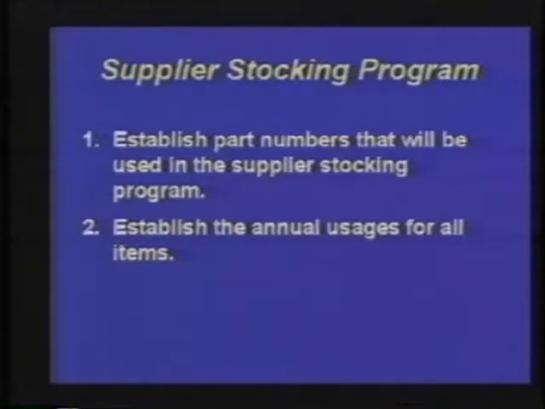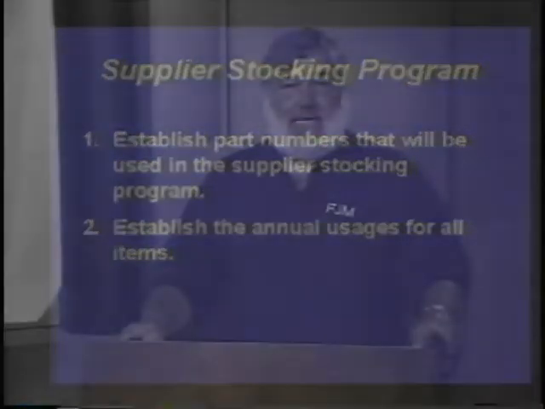Now, as a byproduct of the ABC analysis, we already have calculated the annual usages. But in this case, we're going to project ourselves 1 year in advance. In other words, a vendor stocking program should cover 1 full year in advance.